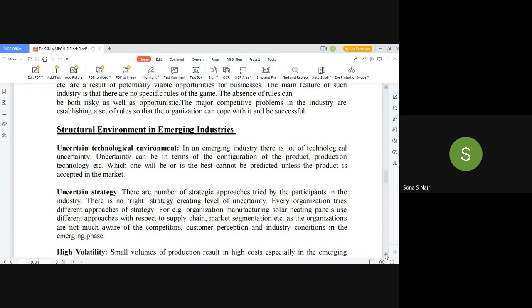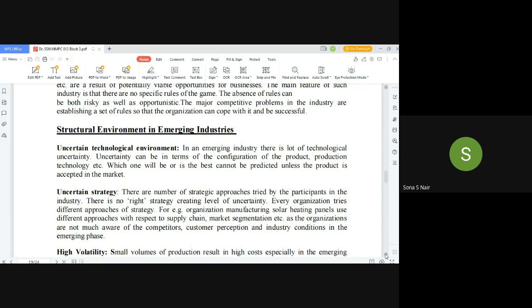New technology, new production technology, all these are being invented and put into use. Again, like fragmented industries, uncertain strategies. All the firms in the industry are not very sure as to what their long term strategies are going to be, how they are going to do business.